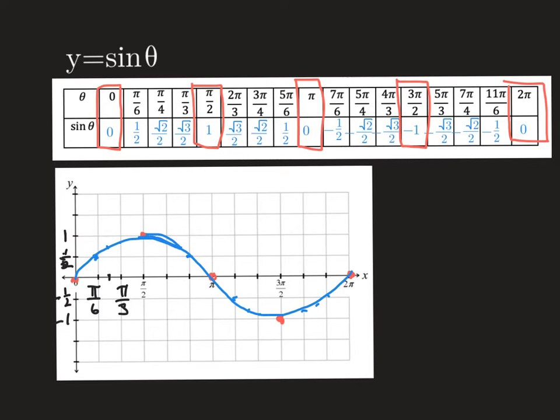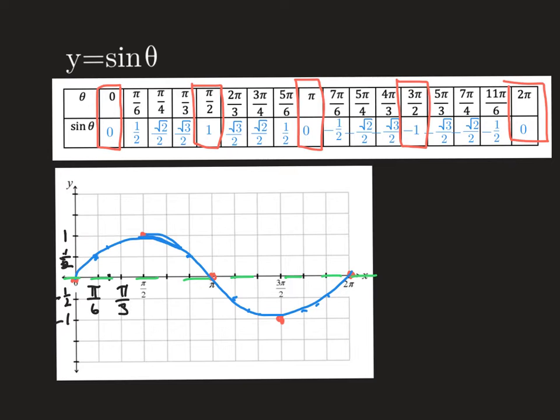Okay, now let's go back to those definitions, because there's a couple things I want to point out. One, we have the amplitude, which is the distance from the midline to the max or the min. The midline is the horizontal line halfway between the max and the min. So if I start there, my midline, in this case, in the parent function, is the x-axis, the line y equals 0.